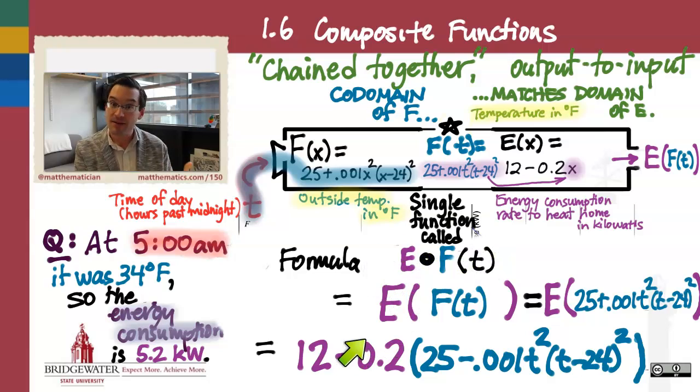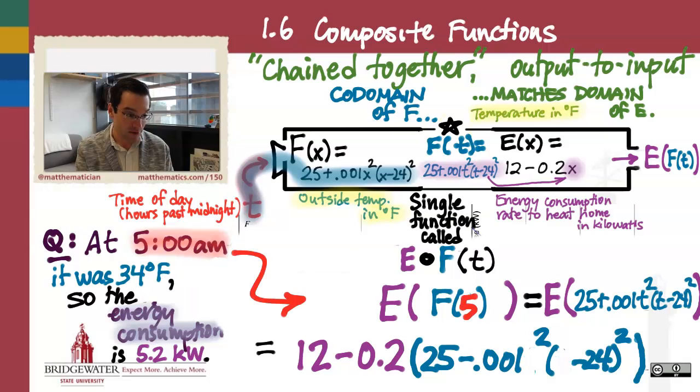And I can ask this formula directly, if it's 5 o'clock in the morning, so if t equals 5, what is the energy consumption it takes to heat my house? Just by replacing all the t's by 5s and getting my 5.2. So that's the power of having a formula for the composite function, is it allows us to skip this intermediate step when it's convenient. The downside is that it skips that intermediate step.